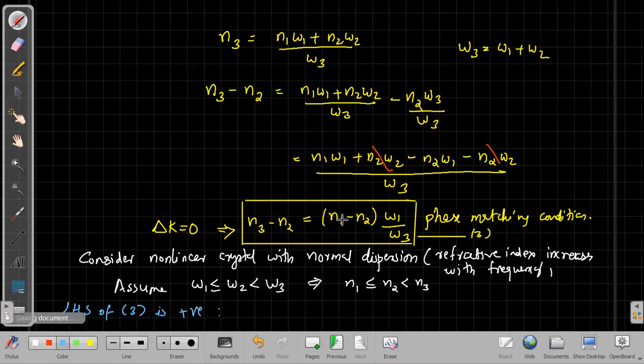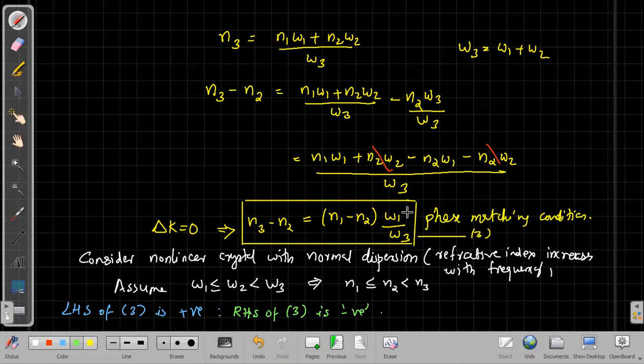Okay, now we can check the right hand side. Omega 1 by omega 3 must be positive. What about n1 minus n2? So n1 should be less than n2, therefore n1 minus n2 must be negative. So that is very surprising. The RHS of equation number 3 is negative.